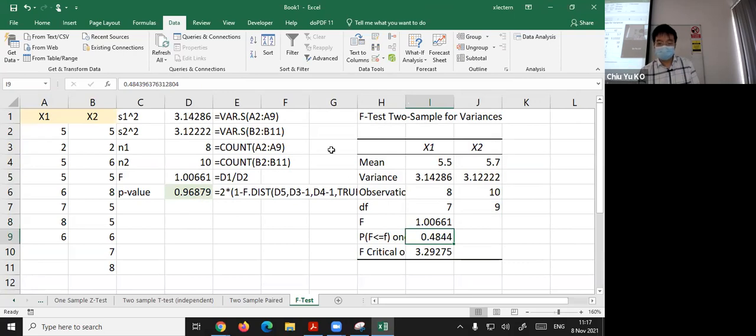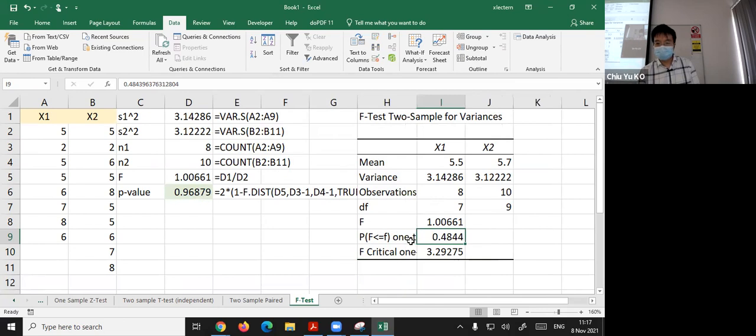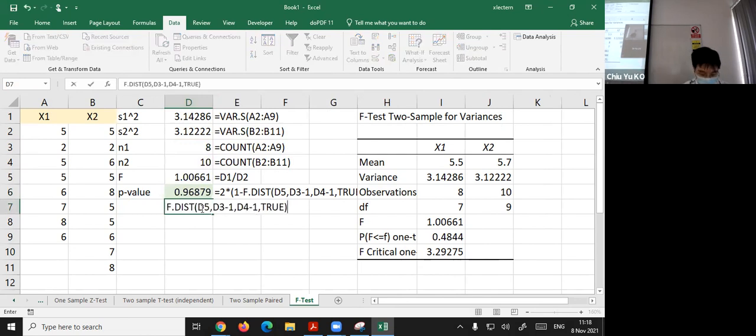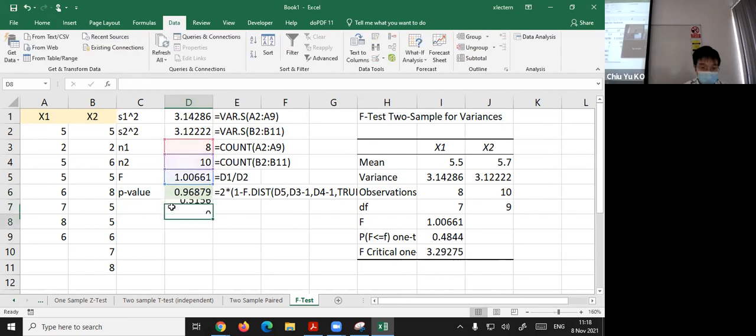Okay, so that is how they just do the one-sided p-value. This is the one tail, so they just do one tail in the table. So I just keep the one tail here.